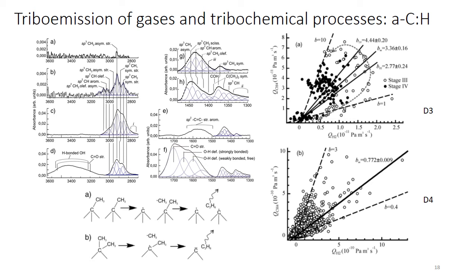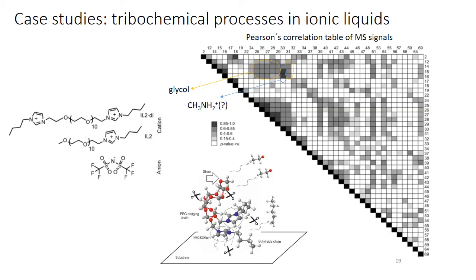And this can be explained by the reaction between neighboring CH3 groups. So we need a very high concentration of terminal methyl group at the surface, so that by shearing we can break the bonds and this methyl radical can recombine not only with hydrogen but also with a CH3 group and form ethane and probably also propane.